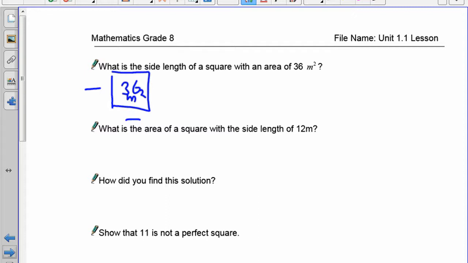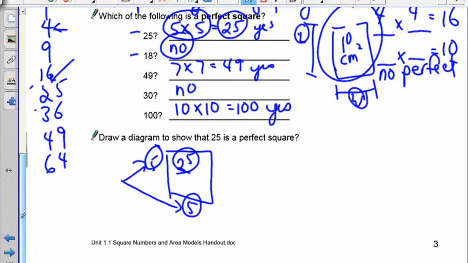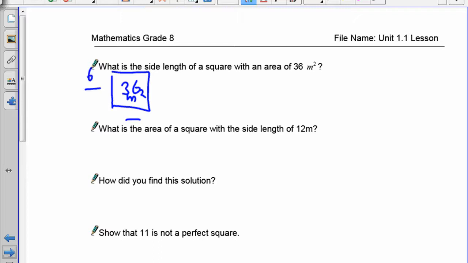So if you go back through the list we had a second ago, you'll see that 36 is listed here, isn't it? This was 1 times 1, 2 times 2, 3 times 3, 4 times 4, 5 times 5. This one is 6 times 6. So this is 6 meters by 6 meters. So you have to know your times tables. It's helpful. Now in a minute I'm going to show you how to use your calculator to do it.